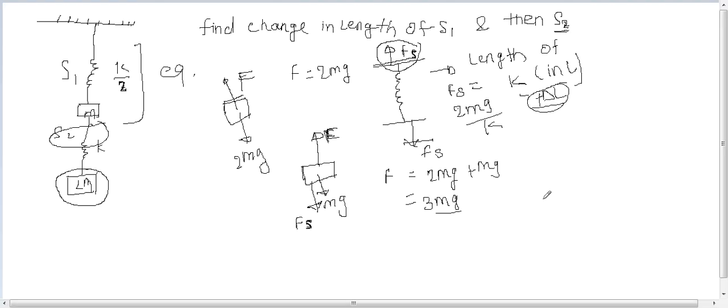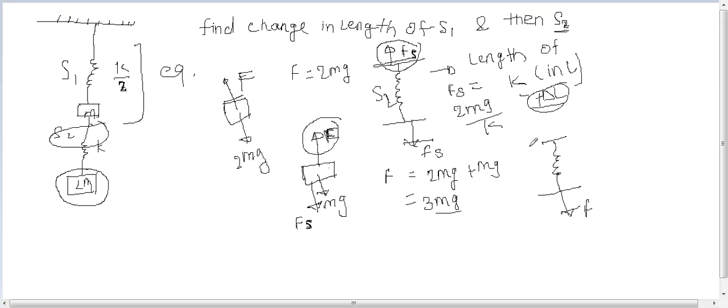Now we are going to draw the free body diagram for S1. This is S2. Who has applied this force? The spring on this block. This block also applies a force on the spring, so this is f.